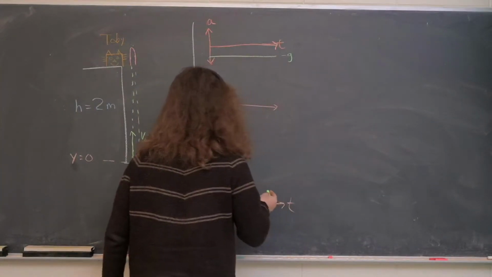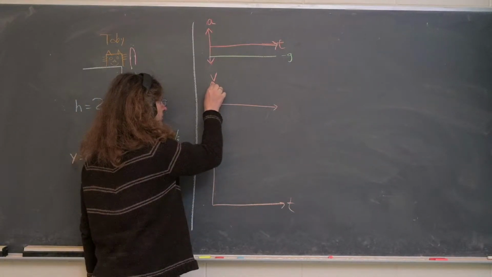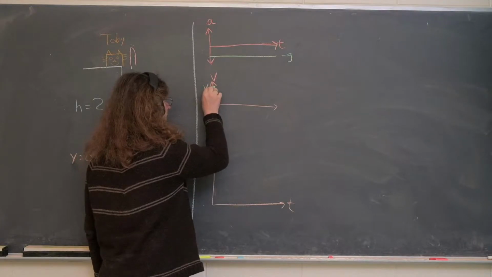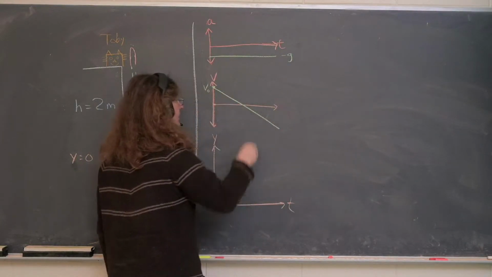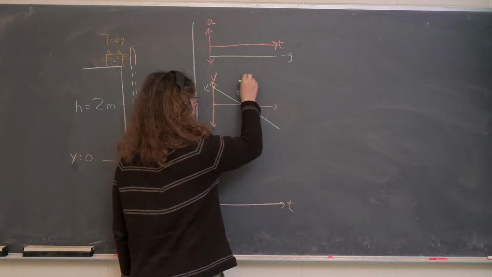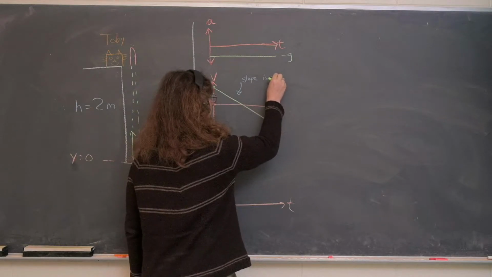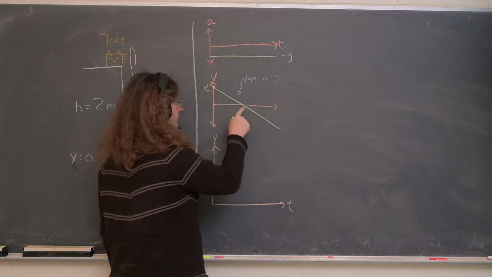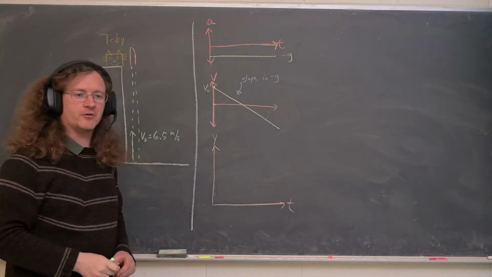The velocity starts positive at v naught and goes down. In this graph, the slope here is minus g. You know that the slope of the velocity curve is the value of the acceleration curve.